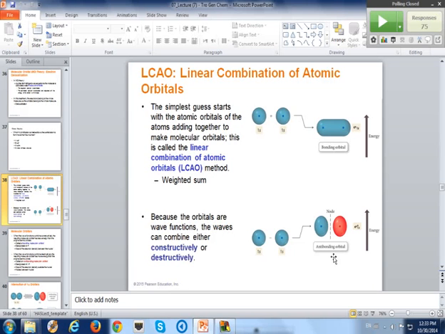By the constructive blending, we form a bonding molecular orbital. By the destructive blending, we form an antibonding molecular orbital. Okay, so let us consider why this first case here of constructive combining the atomic orbitals results in the bonding molecular orbital.